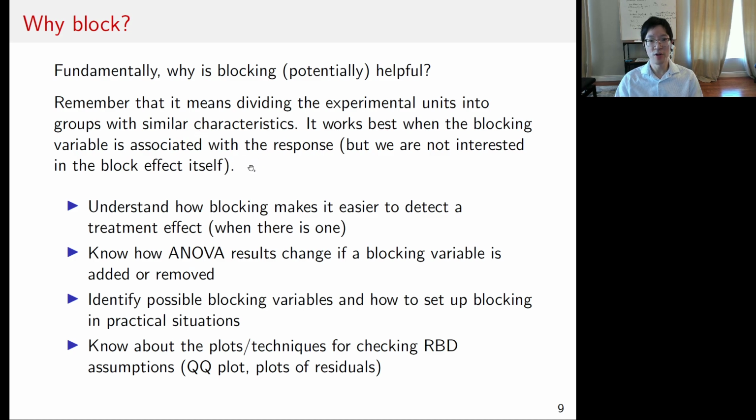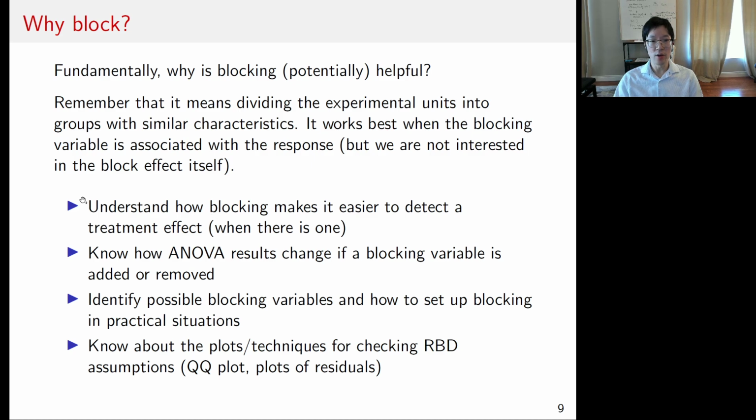Okay, so remember the old saying: we block what we can. So if we know characteristics about the units, then we should use that as a blocking variable for the reasons we explained. And otherwise, we use randomization to balance out the effect of all the myriad of potentially unknown variables that could also affect the response.